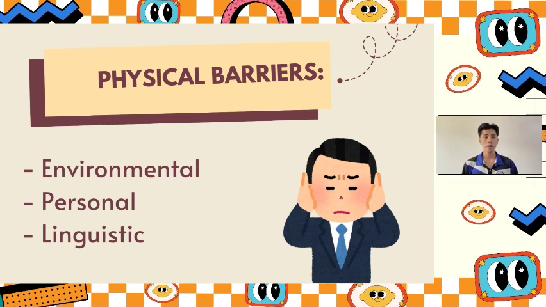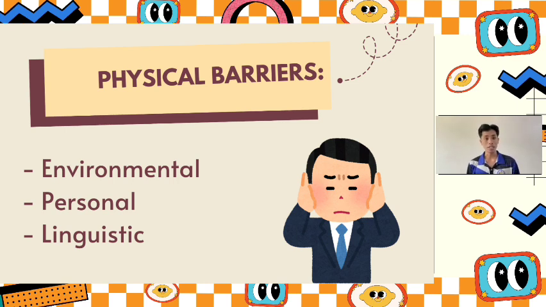The third type of physical barrier is the linguistic barrier. So this barrier is related to the language used in the communication. While not purely physical, they also affect the listener's ability to process the auditory information.